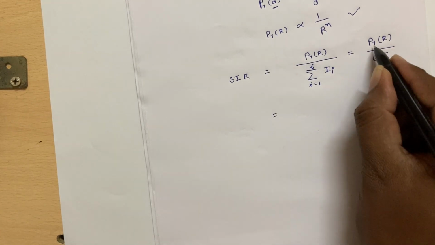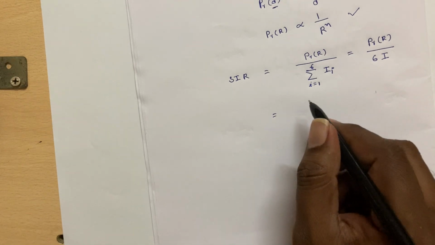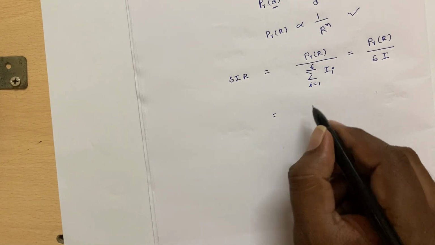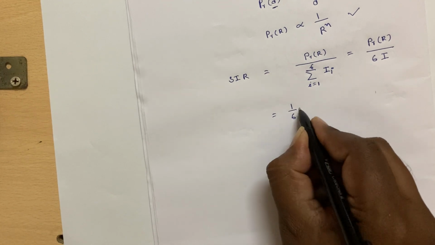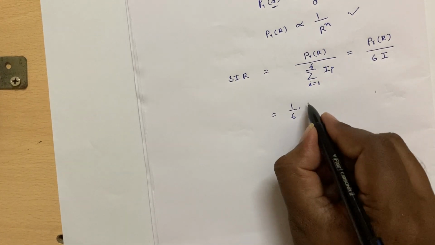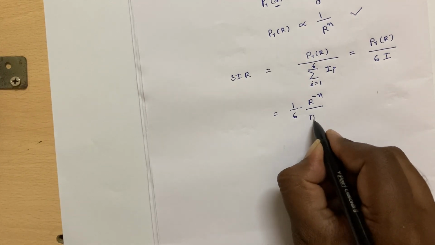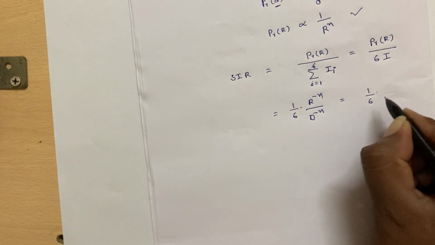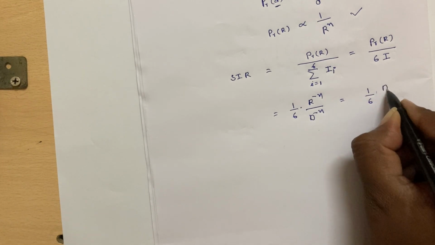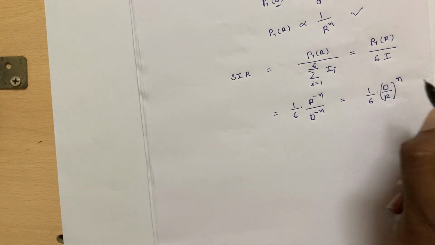So there is 6 here, both in the numerator and denominator, so proportionally the constants will be cancelled out, and it will now be 1 by 6 into r power minus n, and this will be d power minus n, or it is 1 by 6 into d by r power n, where n is the path loss exponent, right?